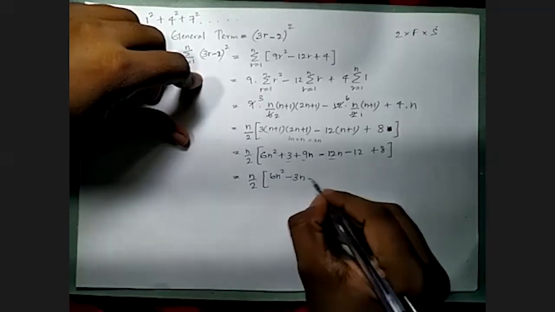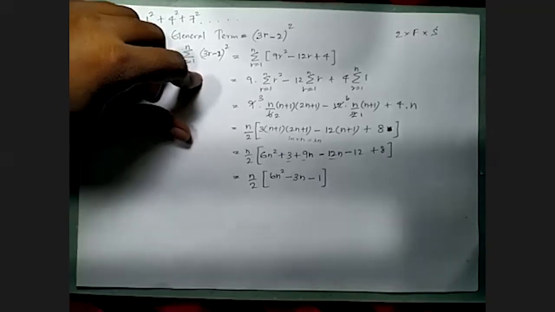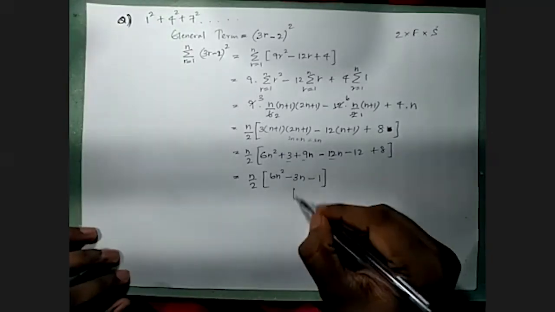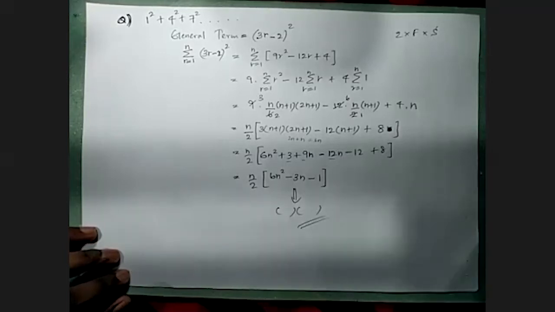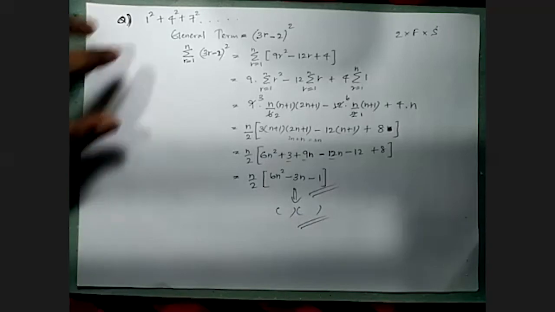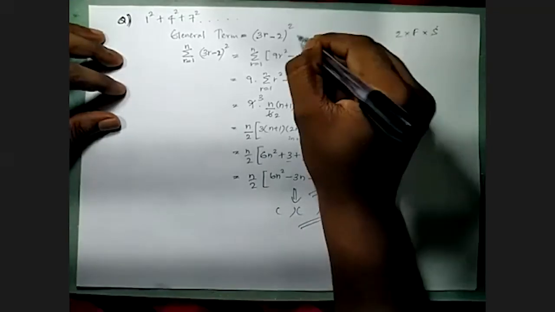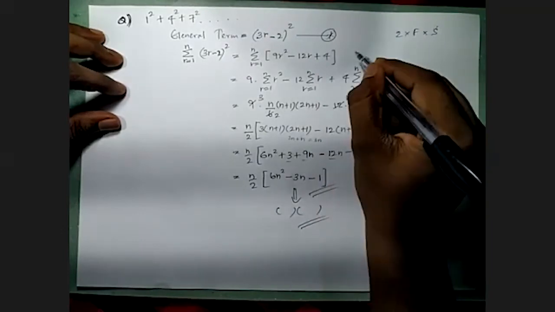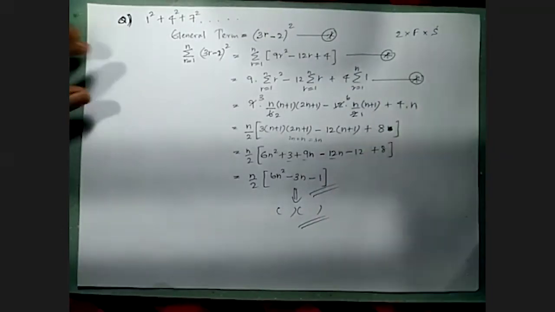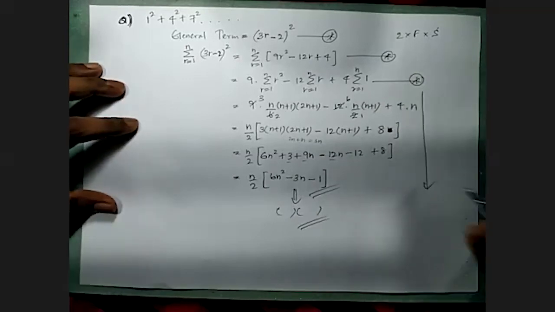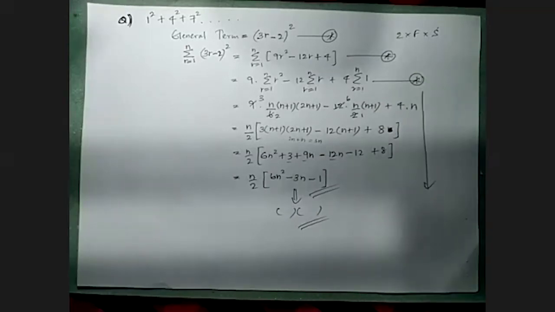When I simplify this, I get minus 1. If you can factorize this further and have these kind of brackets, you can get. Otherwise, this is the answer. Check that. Okay, these are the 2 steps that you have to do in series, and also this one, 3 steps. After that, it is just simplification.